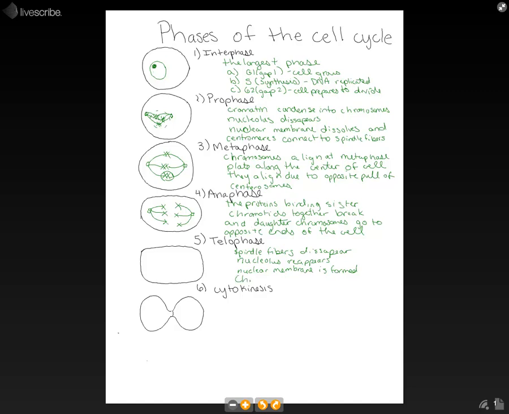And our chromosomes go back to being chromatin. However, these are all still within the same one cell though, really. Because the cells have yet to divide, other than just the fact that the nucleuses are divided.